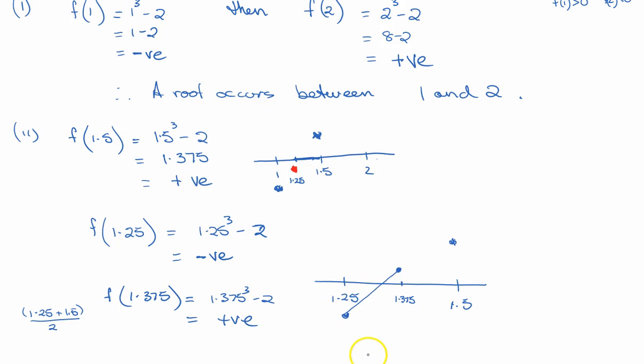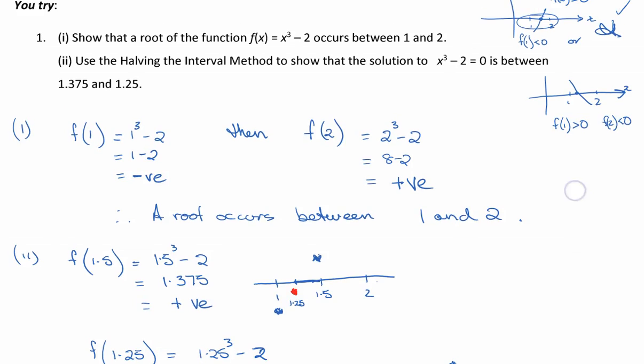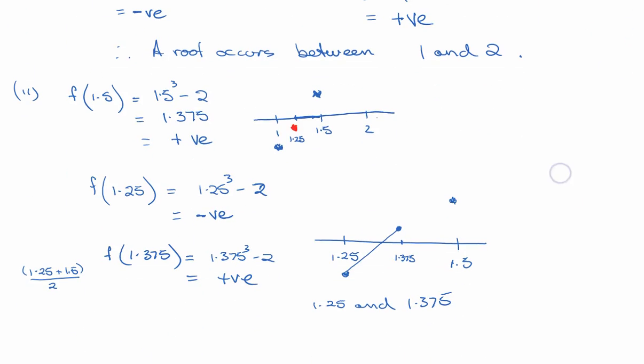We know that there must be a root between 1.25 and 1.375. I think that was the question. Establish that there is a root between 1.375 and 1.25, and we've done that by halving the interval, trial and error, readjusting the interval depending on the result of the function values, whether they're positive or negative.